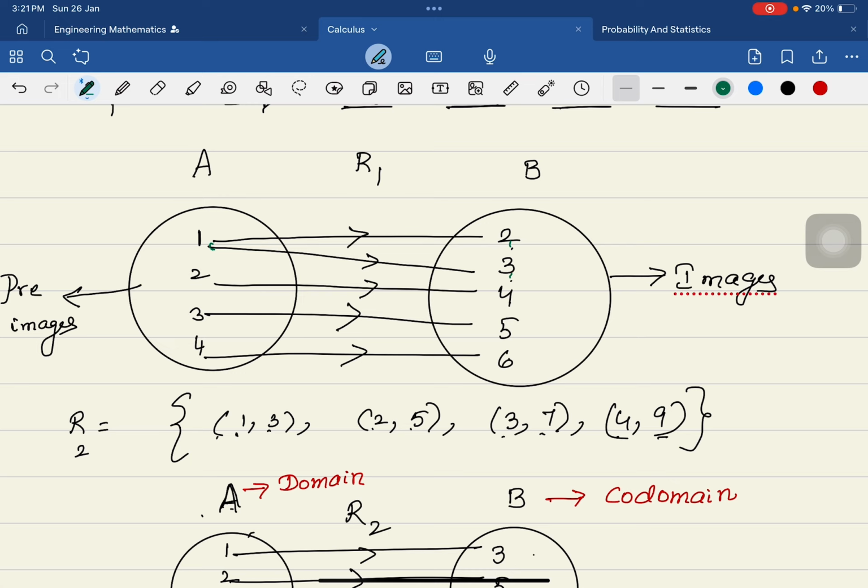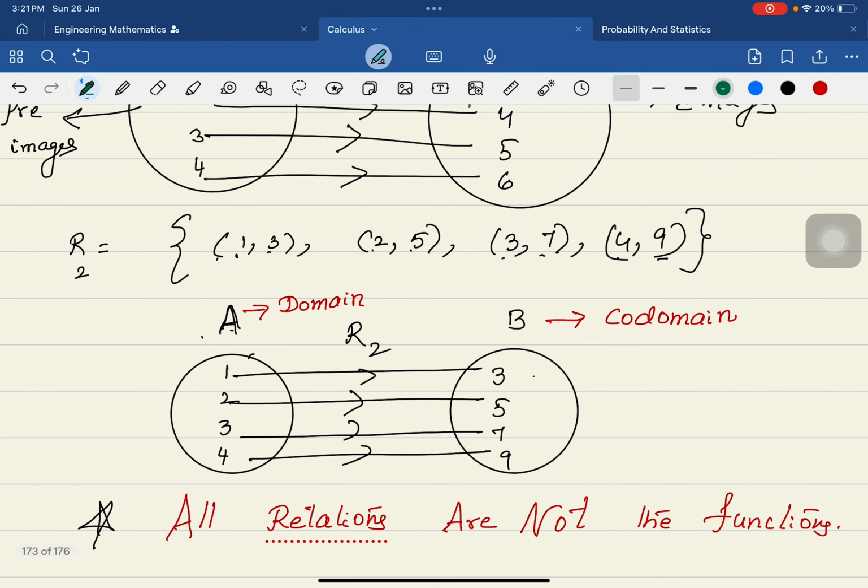So if the element 1 has two images, it is a relation but not a function. As I told you, there is a set consisting of ordered pairs. As one image is different, two images different, three images different, four images different, we definitely say that it is a function. So, different elements must have different images.